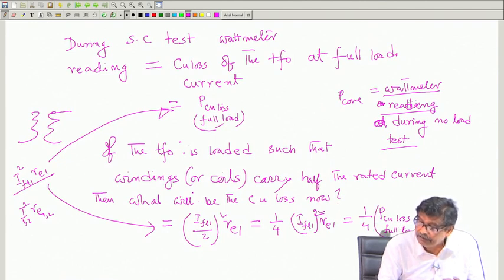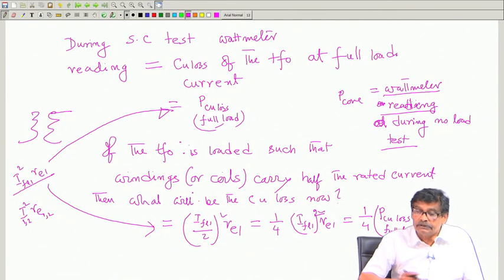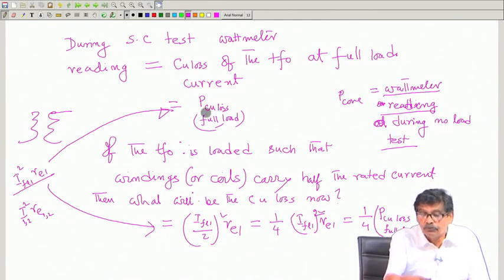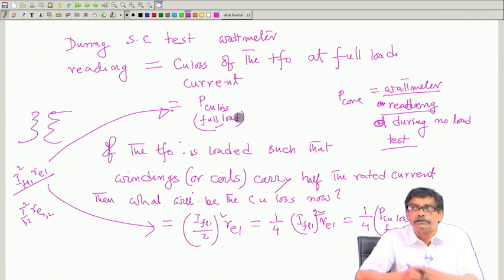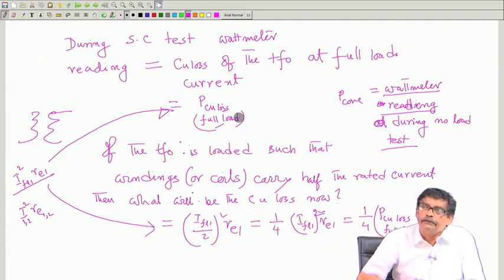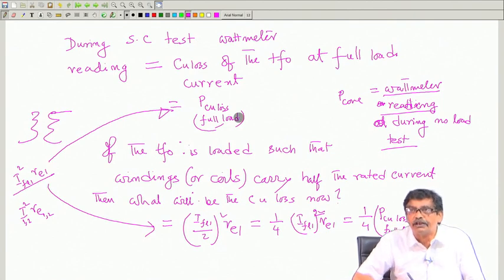Getting the point? This must be understood. If the copper loss at full load is 100 watt, and your winding currents are half, then the copper loss will become 100 by 4, that is 25 watt.